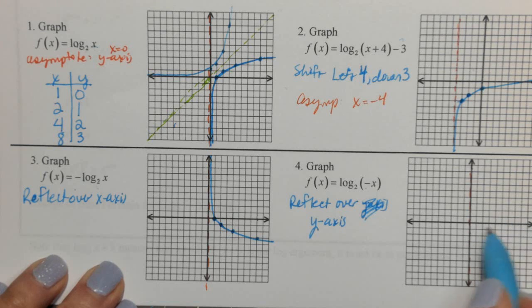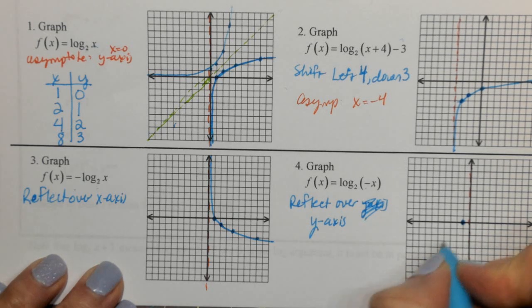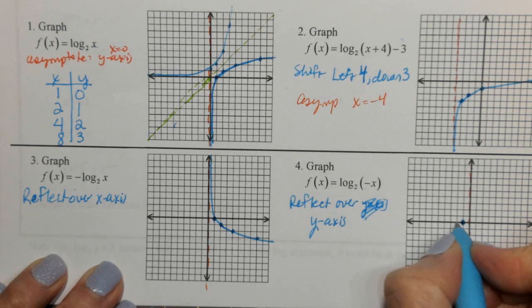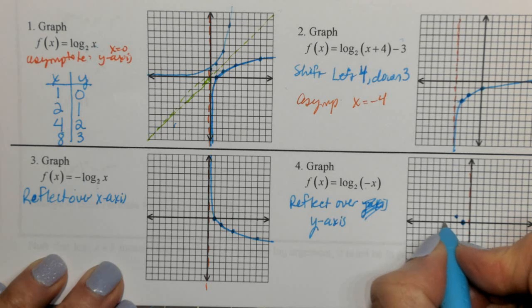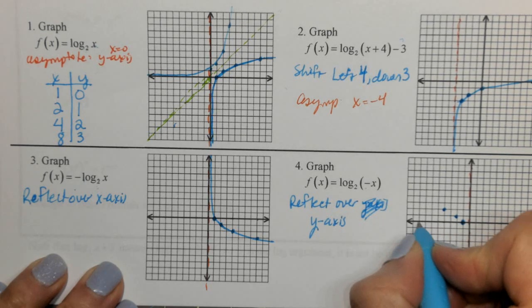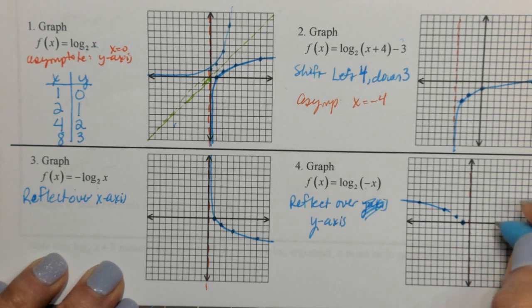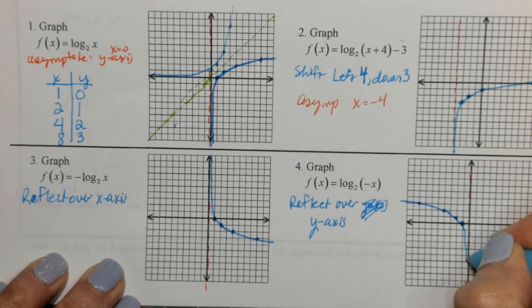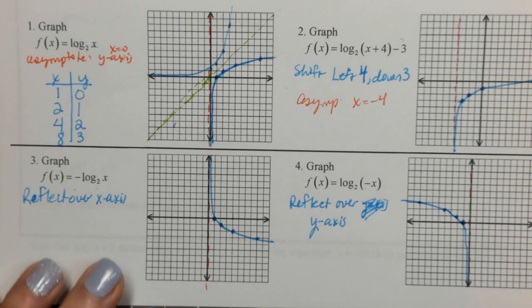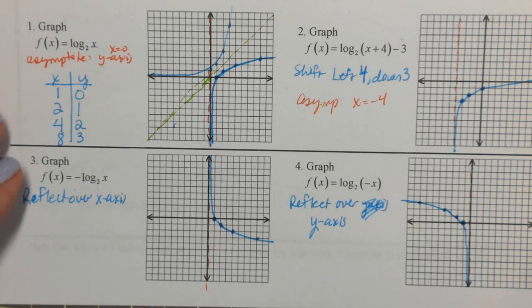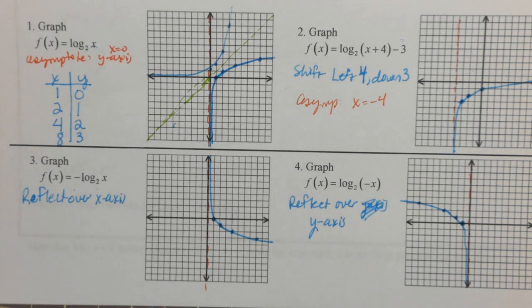Instead of our action being over on the right side, though, now we're reflecting it over the y-axis. So we're going to go over 1, over 2 up 1, over 4 up 2, over 8 up 3. And then we sketch our curve. So these are log graphs. They have vertical axes of symmetry.